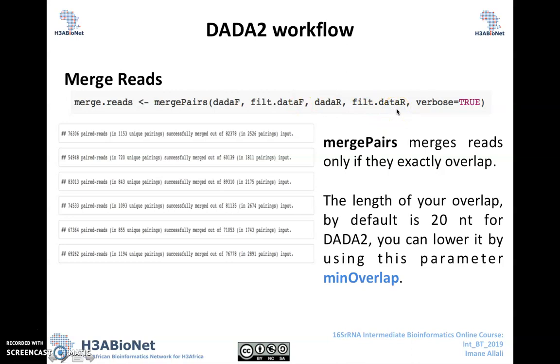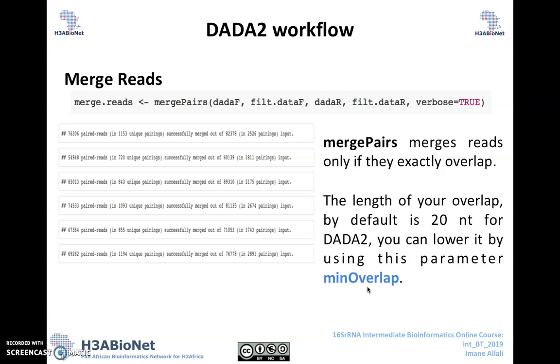By default, the program requires 20 nucleotides of overlap, so you can lower it by using the minOverlap parameter. And DADA2 by default will only merge reads if they exactly overlap. The reason behind it is that all the errors were accounted for and removed from your sequences in the previous steps before doing the merging.